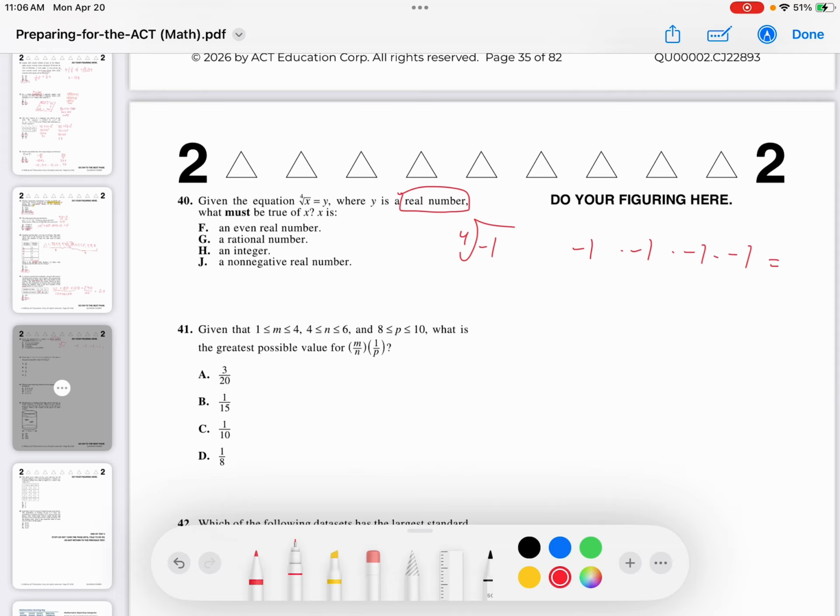Well, that's going to equal a positive number. It's not going to give us that negative root that we needed, right? We talked about how the square root of negative 1 is i. So if we're taking the square root or the fourth root of a negative number, that's going to make it not real. So it can't be a negative number. It has to be a non-negative number.